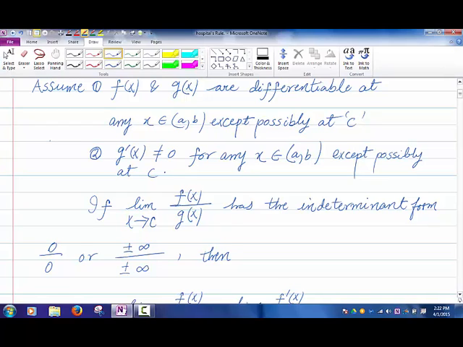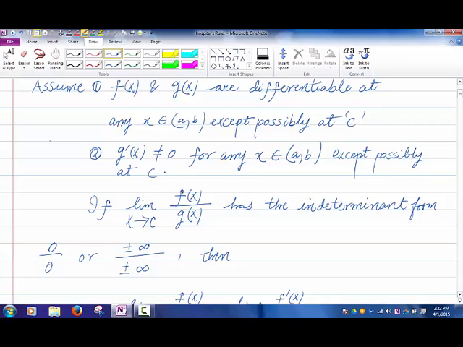We are looking at the limit of f of x divided by g of x as x goes to c. If this limit has the indeterminate form 0 over 0 or infinity over infinity, what does that mean?